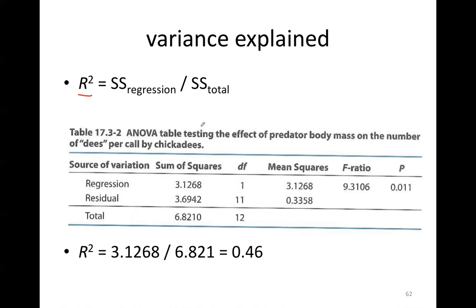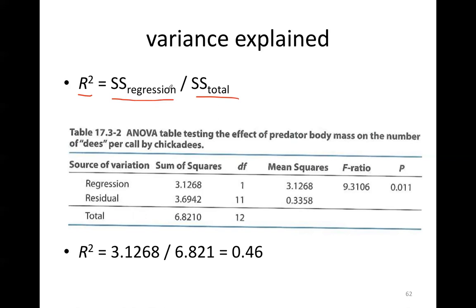We're trying to explain the dependent variable, the response variable, with some explanatory variable. In linear regression, our formula is the model. It allows us to make a prediction. So R squared is a measure of how much of the total sum of squares is explained by the model.